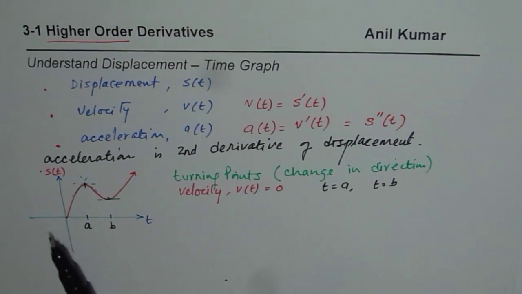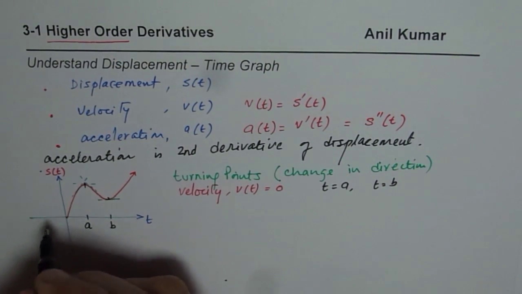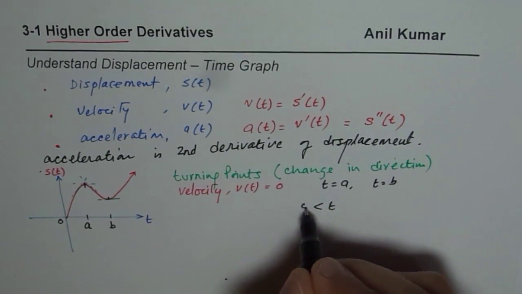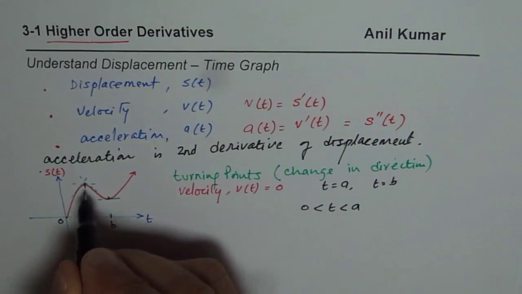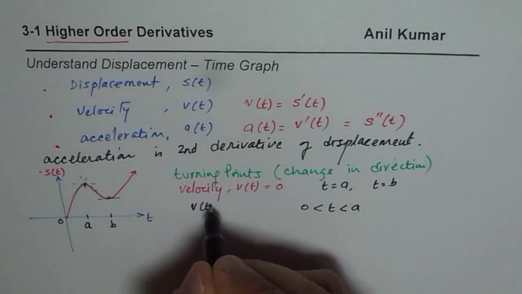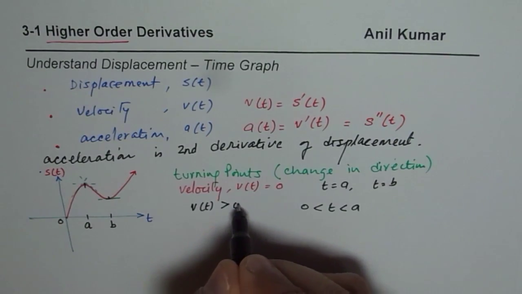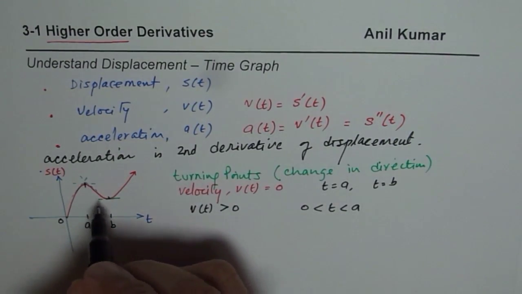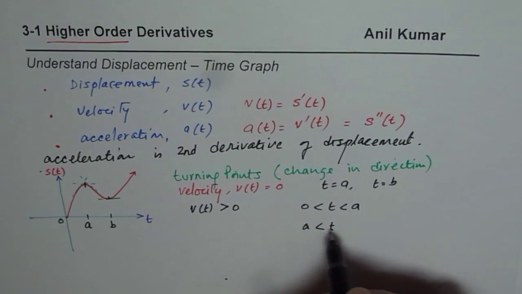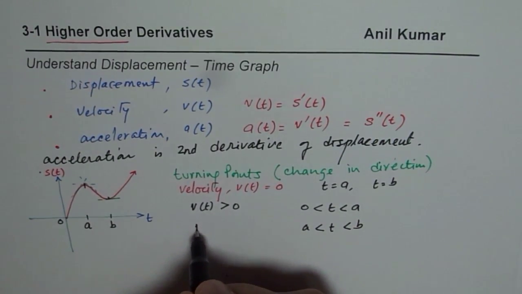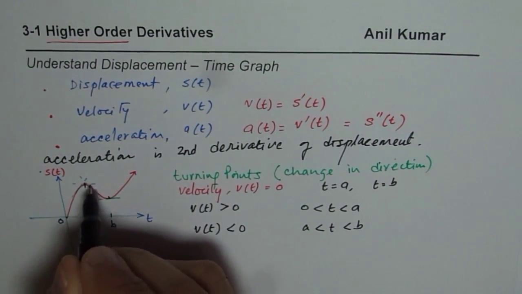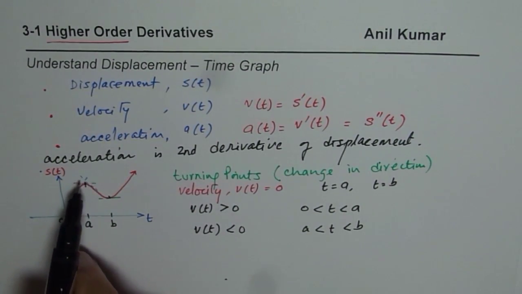On the other side, what you see is if you check from 0 to A, so if time is between 0 and A, then if I draw a tangent, then we observe that velocity v of t is greater than 0. Is that okay? But if we consider the time between A and B, at that time velocity is negative, since the tangent drawn here will have negative slope.